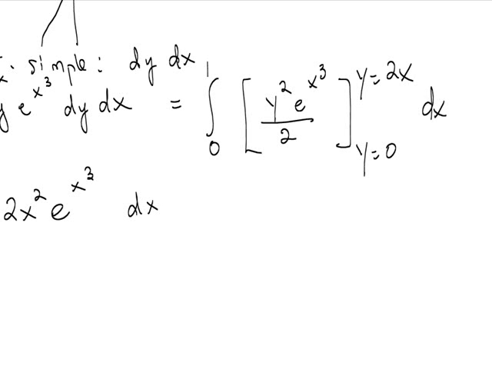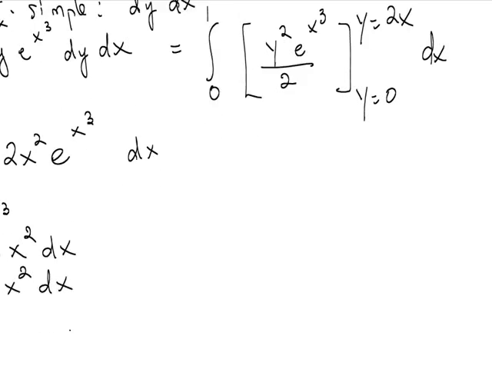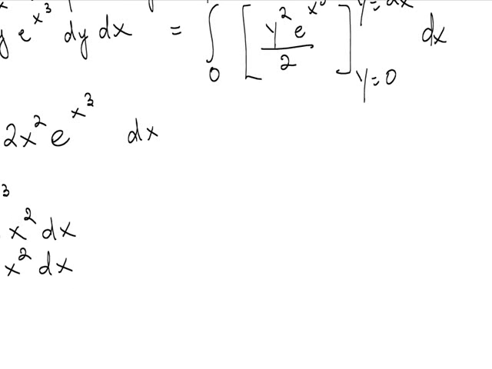So let's do it. u equals x cubed, du equals 3x squared dx, so du over 3 is x squared dx. Now this is an example where you change your limits. Remember we spoke about that early? So change from x limits to u limits. x equals 0 implies that u equals 0. x equals 1 implies that u equals 1. Not much of a difference.